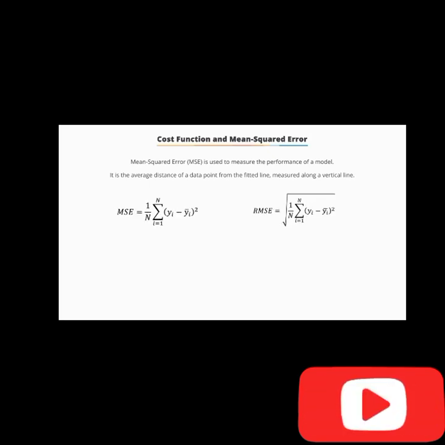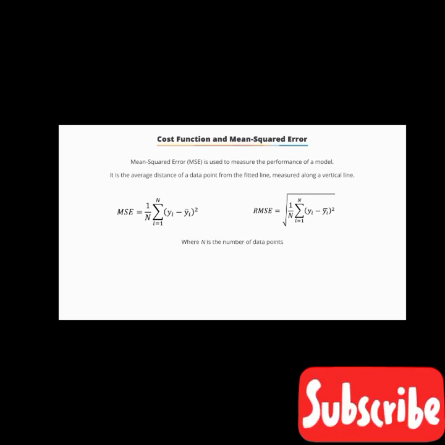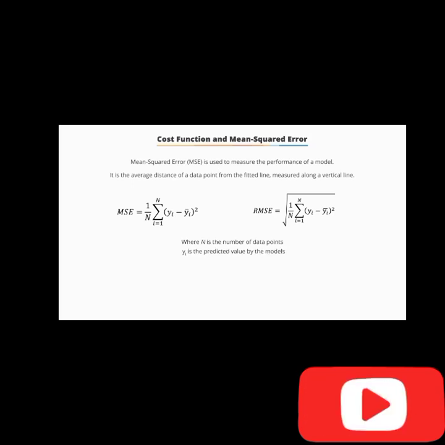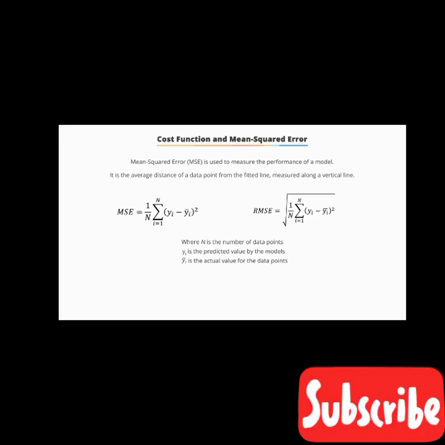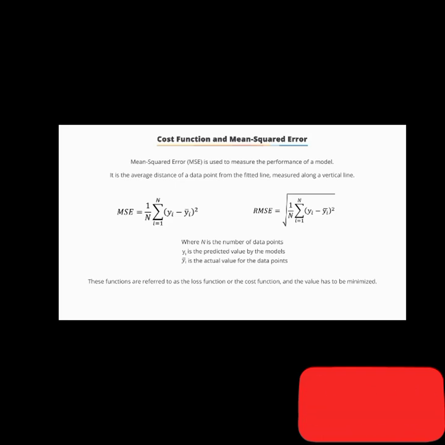The equation related to MSE and RMSE is shown here, where N in the equation is the number of data points, Yi is the predicted value by the model, and Yi underscore is the actual value for the data point. These functions are called the loss function or cost function. Cost function is a value that has to be minimized. In the next screen, we'll discuss how to use gradient descent to reduce the loss function.